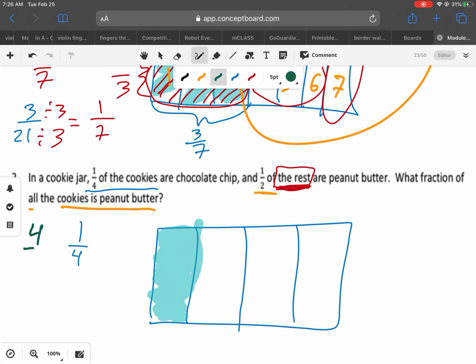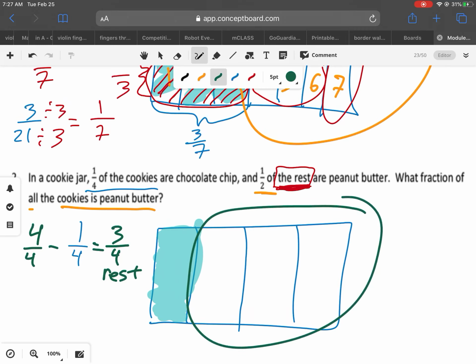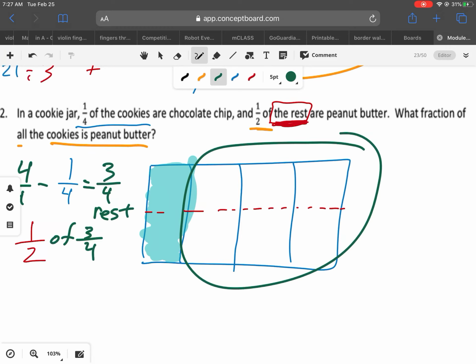So in actuality, we have to think our cookie jar is 4/4 minus 1/4. That leaves us 3/4 for the rest. Okay, so the rest are this part right here. And we're going to cut the whole thing in half to get 1/2 of 3/4.